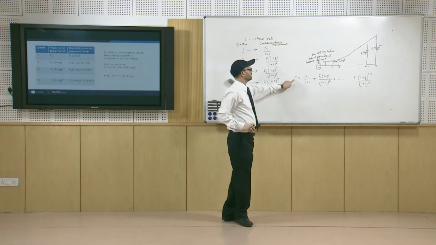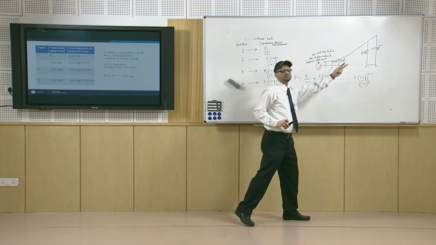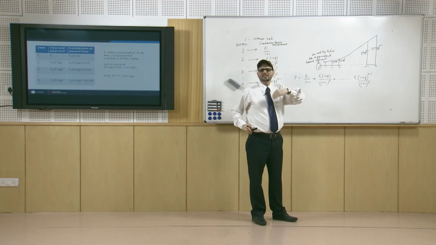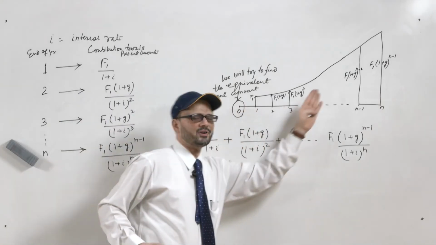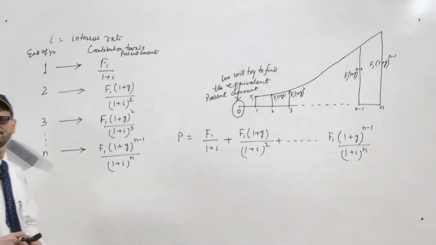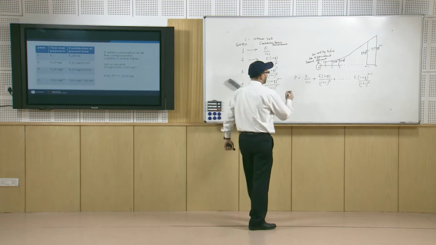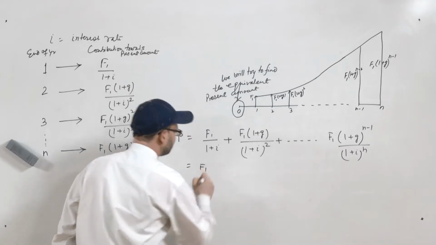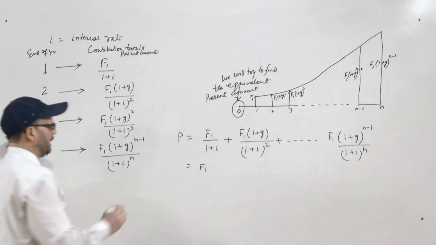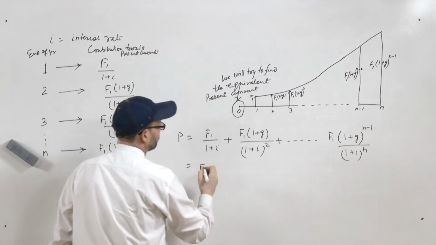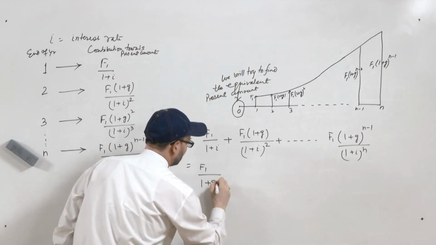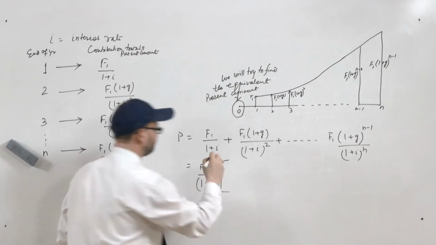This is the present amount, and these are all the individual contributions of the year end payments, which are basically increasing or decreasing in a geometric gradient manner. So, what we can write here is f1 will come out, and also we will divide it by 1 plus g; we will put another factor.